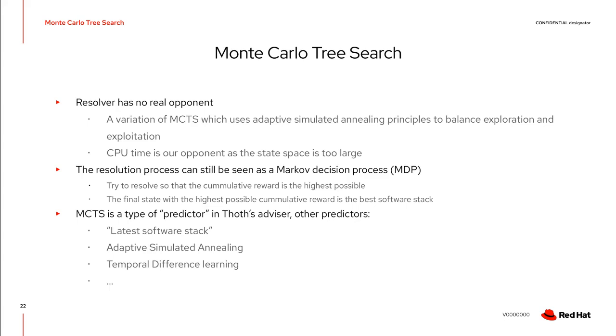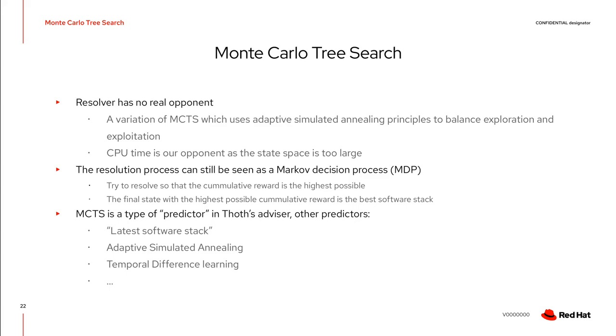We are looking for software that has high quality. So we want to solve the MDP by accumulating high reward, and software stacks with the highest possible cumulative reward are the software stacks that we are looking for, the software stacks that have high quality. We will dive into this idea as well.